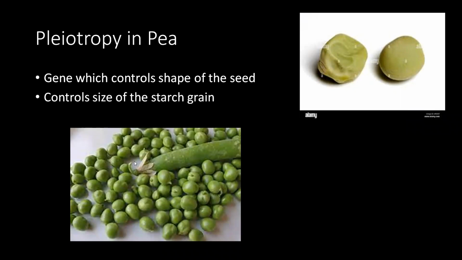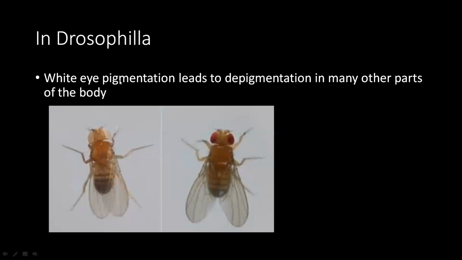Different size starch grain. In Drosophila, normally the wild type, which means naturally occurring, is red eye. But if there is a mutation and there is white eye, what is Drosophila? Fruit fly.